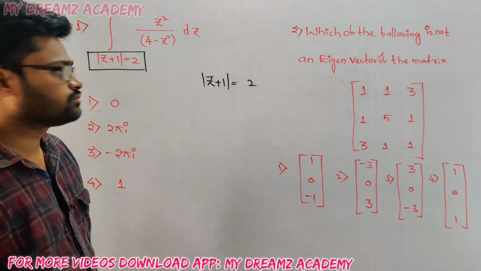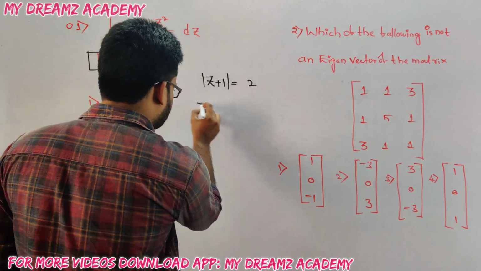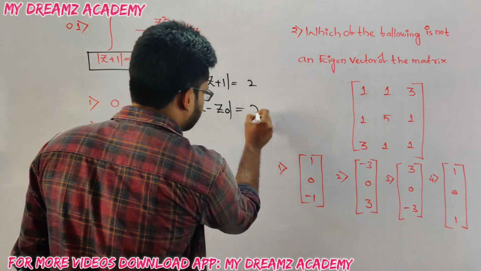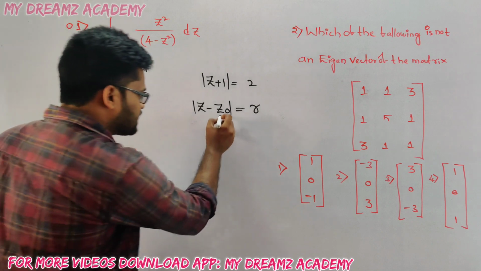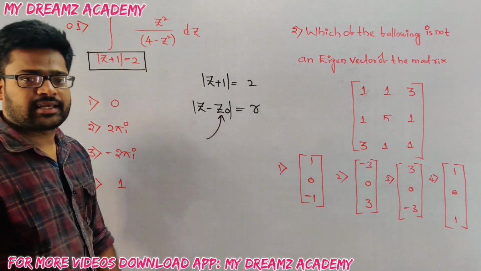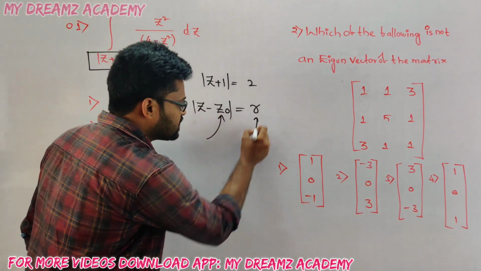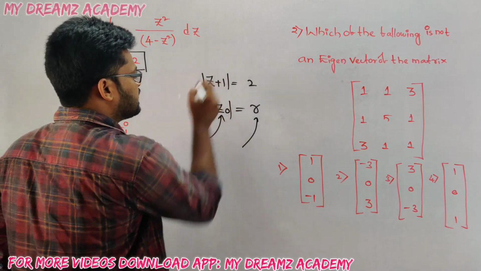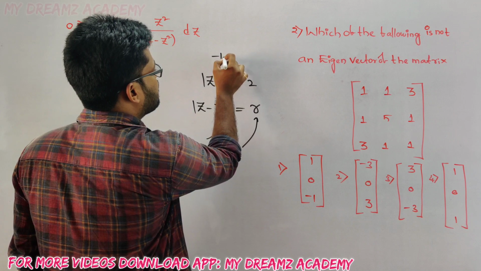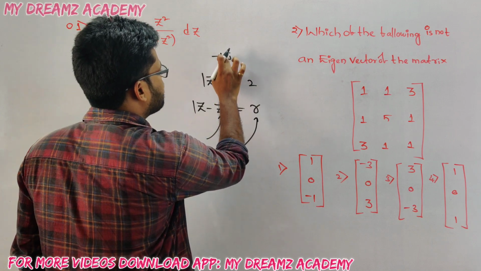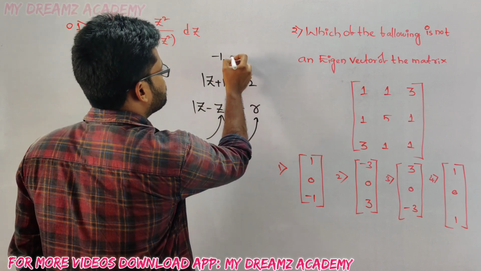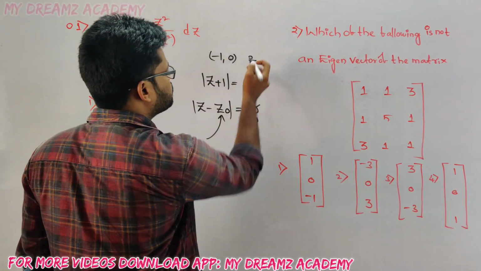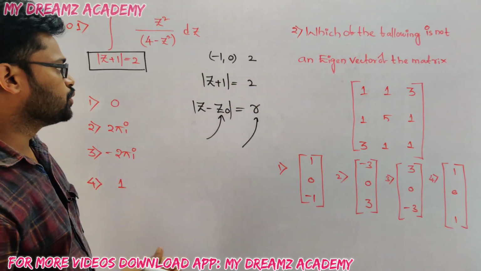This is mod z minus z naught equals r, where z naught is the center of the circle and r is the radius of the circle. So observe: the center of the circle is minus 1 comma j0, that is minus 1 comma 0, and the radius of the circle is 2.